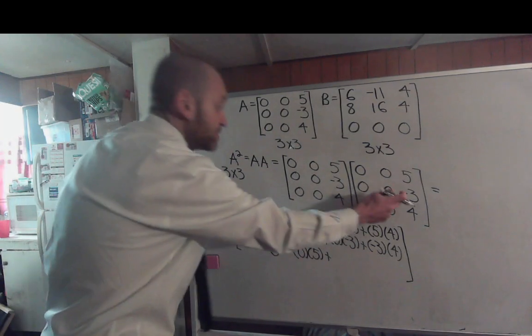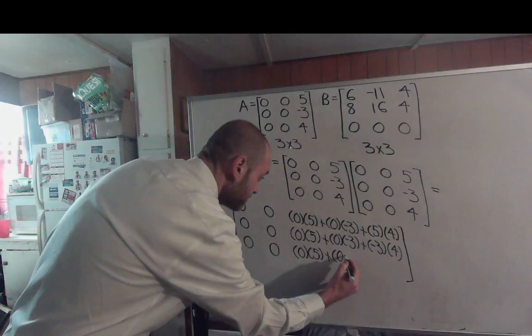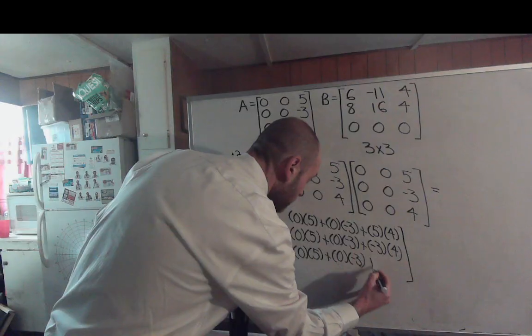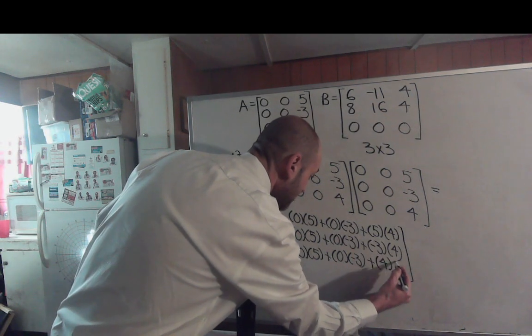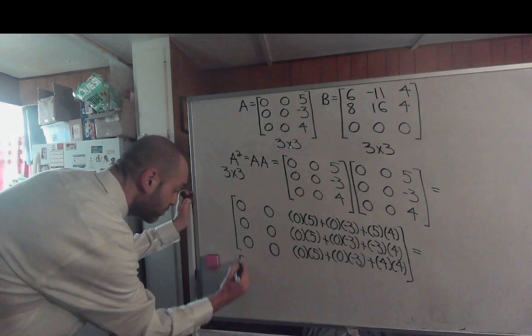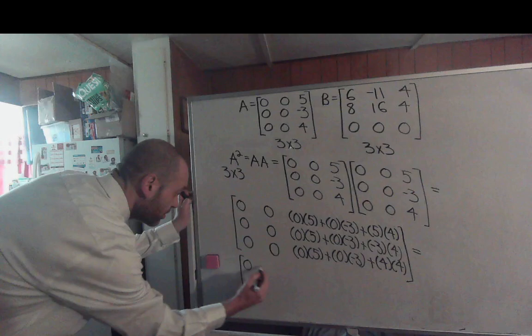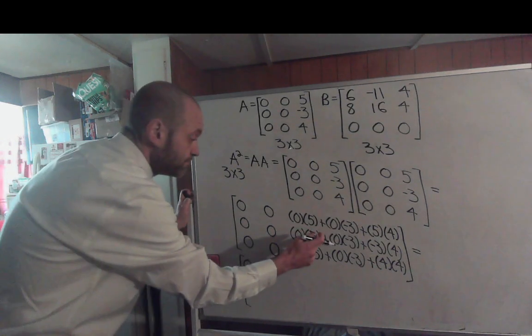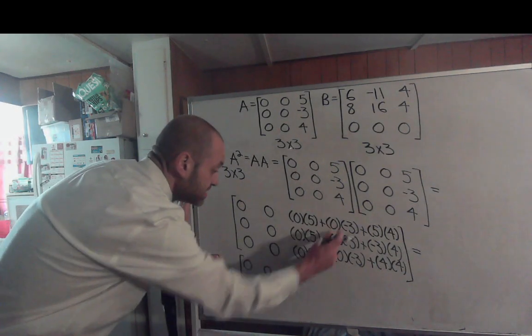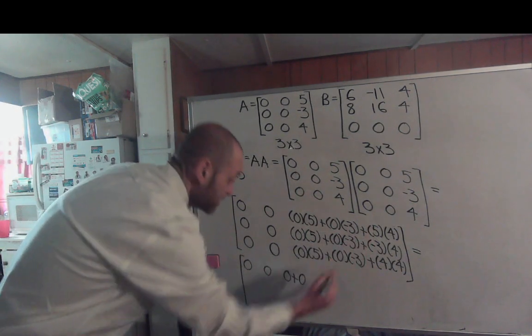plus 0 times negative 3 plus 4 times 4. Let's simplify a little bit. You'll end up with 0, 0, and then you'll have 0 plus 0 plus 20.